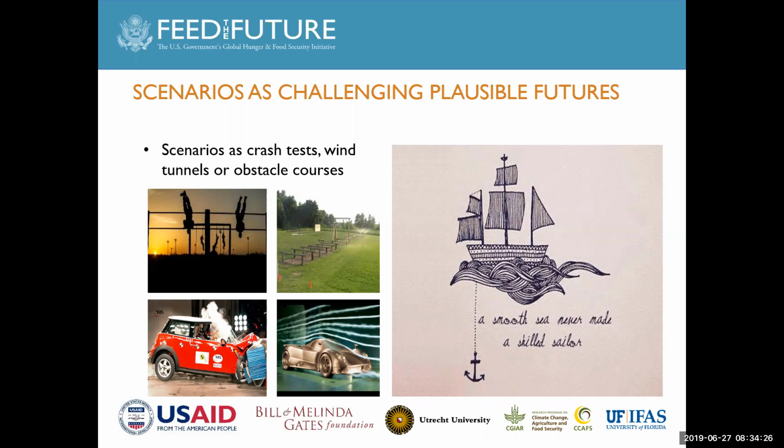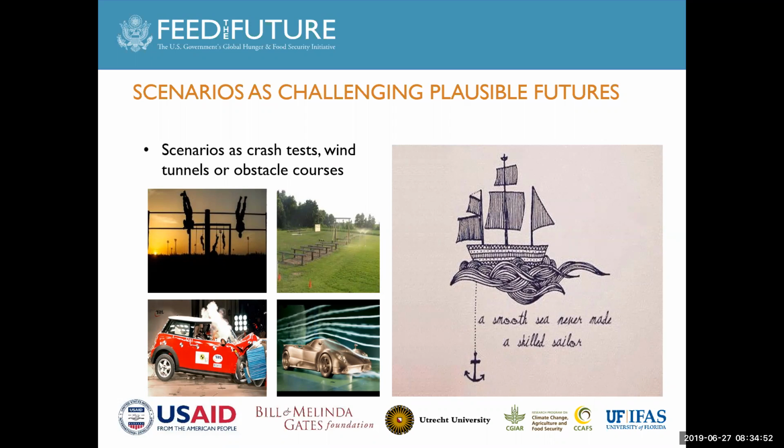Another one is we can use them as wind tunnels or obstacle courses. And the picture to the right, it's one I randomly bumped into on the internet, but I think it's also a very nice metaphor for scenarios and how we use them. A smooth sea never made a skilled sailor. Think of the sailor as the policy, a skilled sailor of a very robust and good policy.